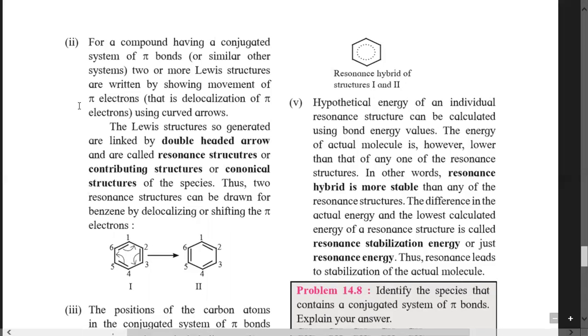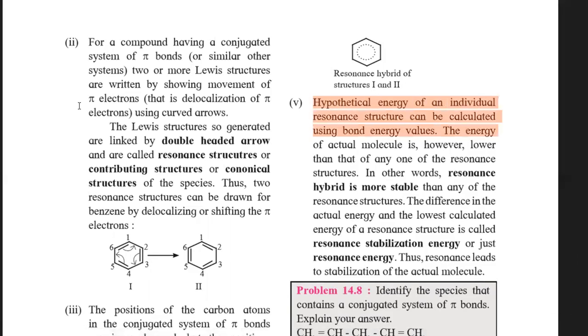Now, the fifth point given in the resonance theory is that the hypothetical energy of an individual resonance structure can be calculated using bond energy values.